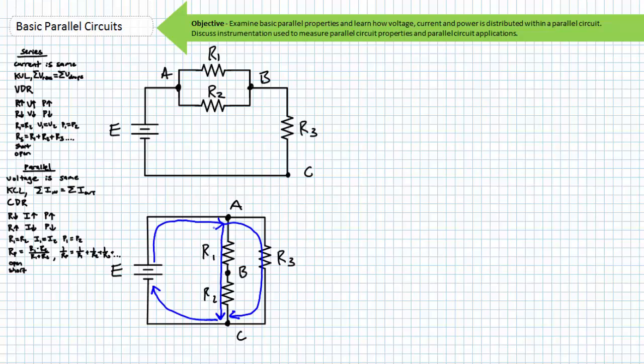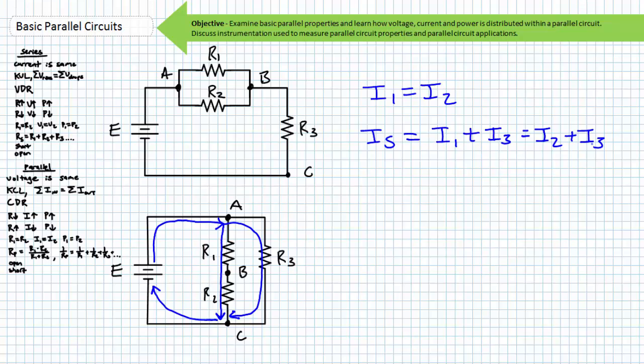Once current leaves node A and travels through the left branch, it has no choice but to travel through R1 and R2 in series. It can therefore be stated I1 equals I2. Since source current is splitting as it enters node A, it can be said that the source current is equal to the summation of I1 plus I3, or I2 plus I3, since I1 equals I2.